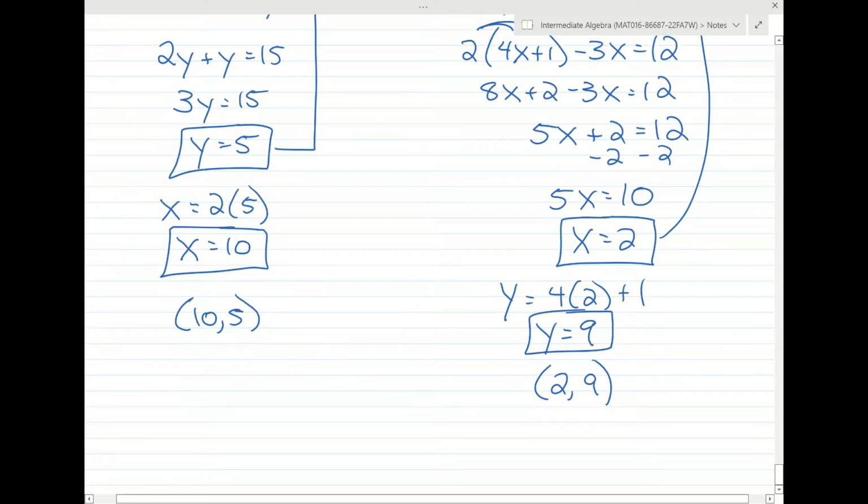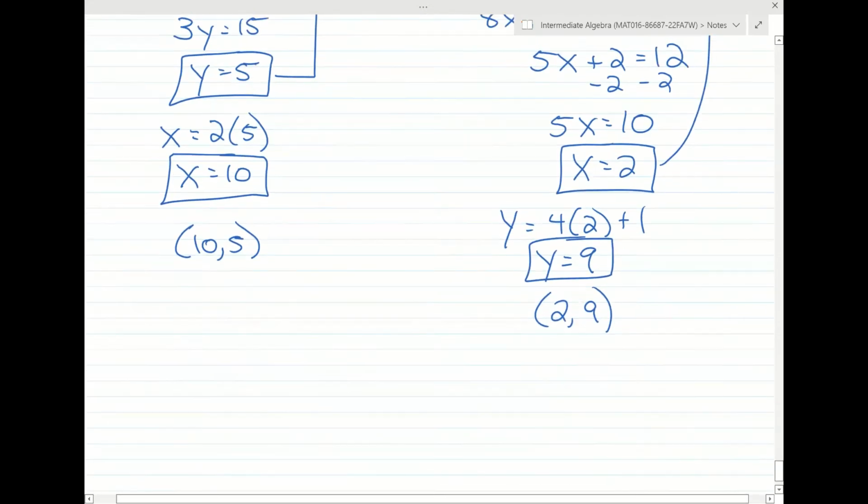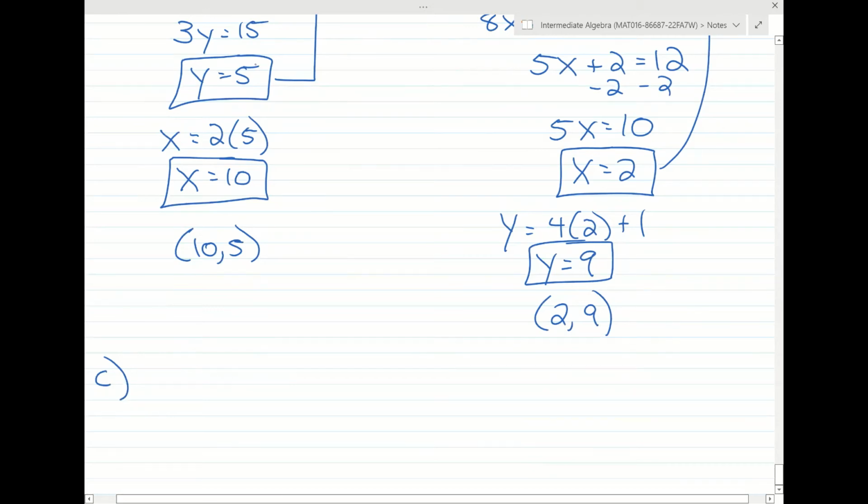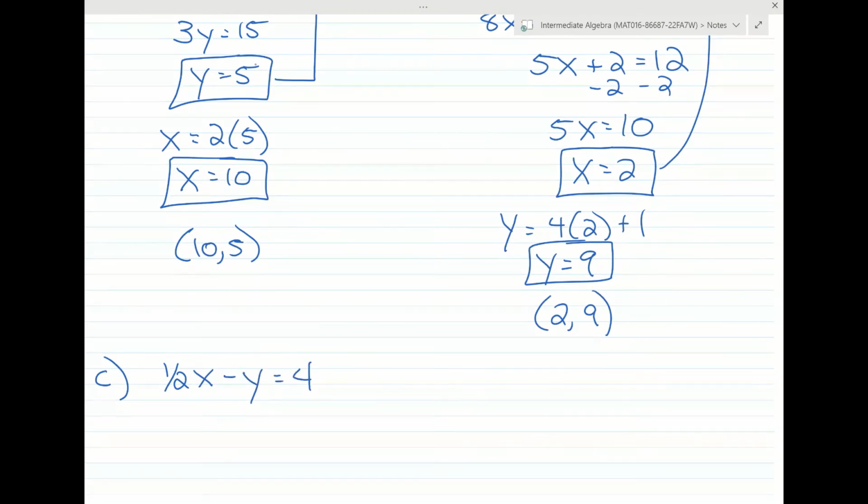I want to try to get 2 more examples done tonight. So what if we had 1/2 x minus y is equal to 4, and then x minus 2y is equal to 8?